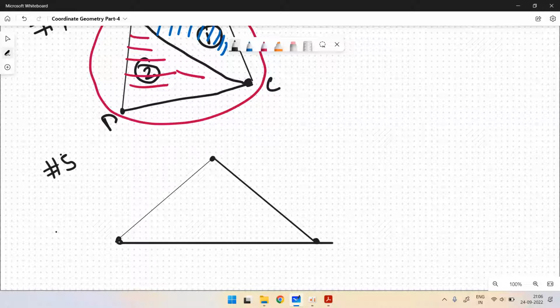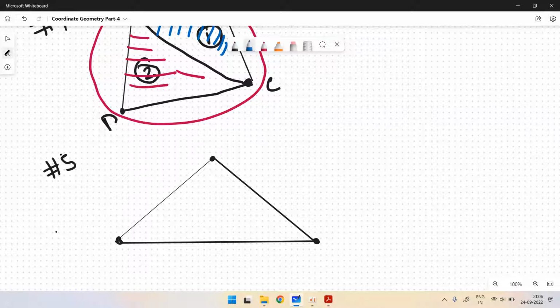This is your triangle. The median divides it into two equal areas. The median is nothing but the line joining a vertex to the midpoint of the opposite side. This divides the side into two equal parts.